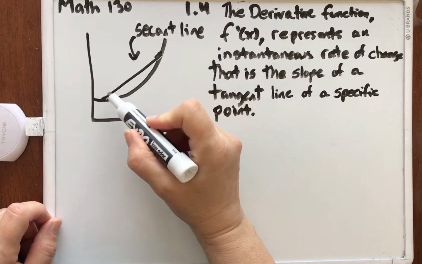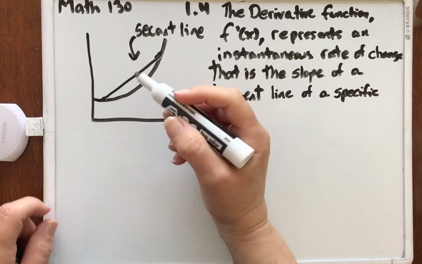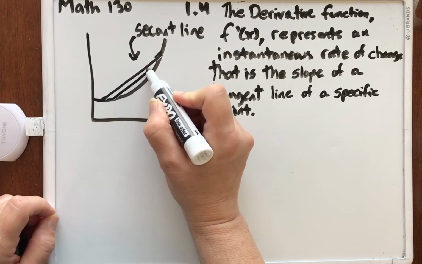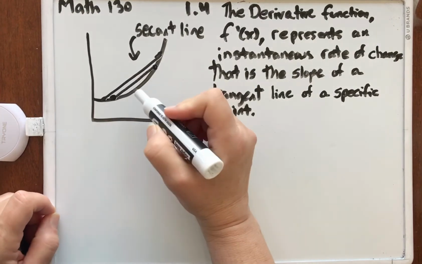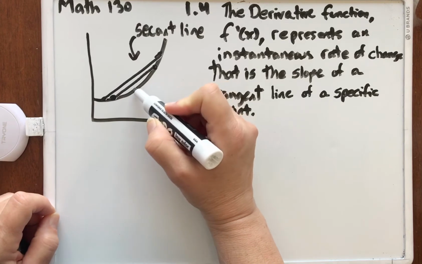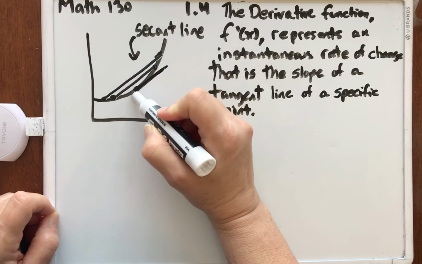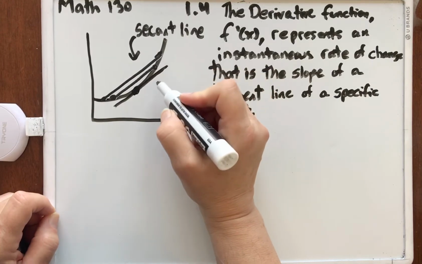Right now we found the slope of a line between two points, which is the average rate of change. If we took, say, these two points, we still have another secant line. What if we go to the point? The line that just hits the graph at that point is called a tangent line.